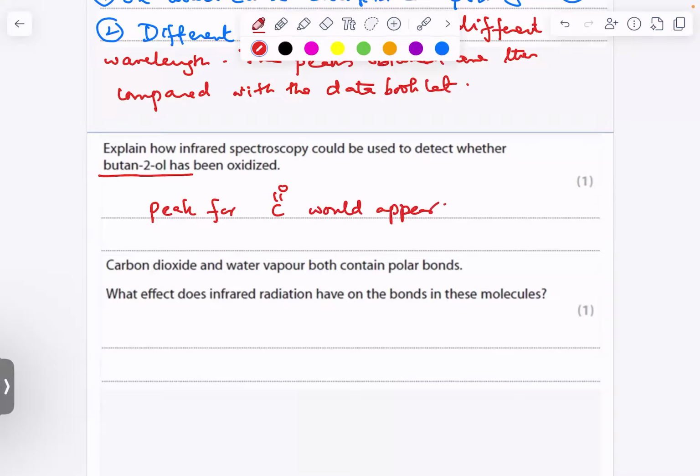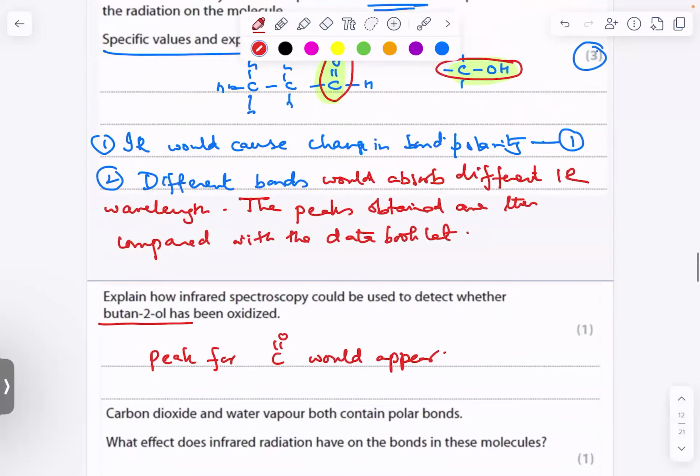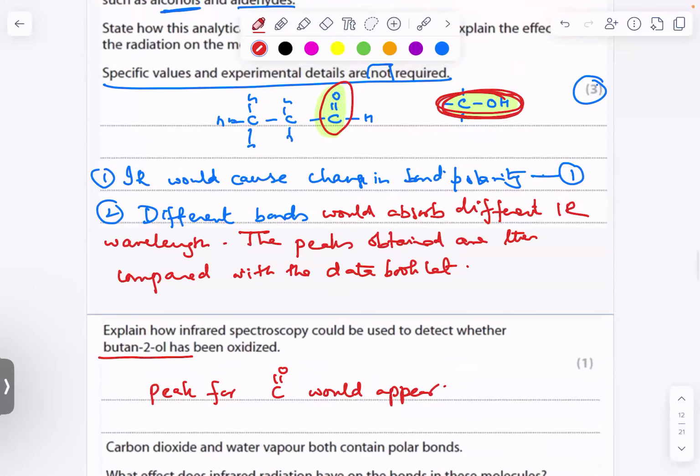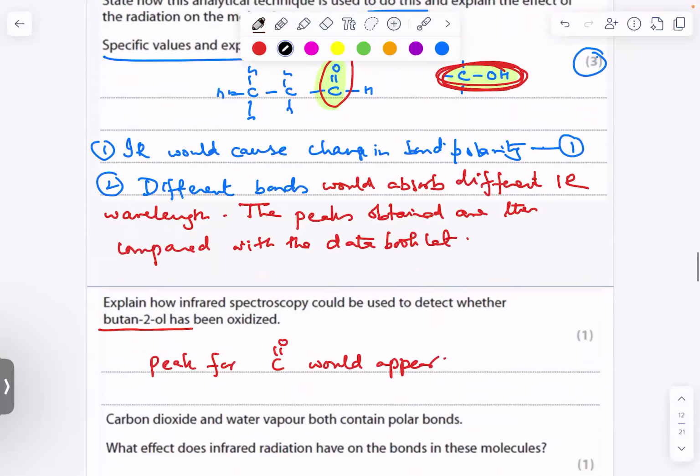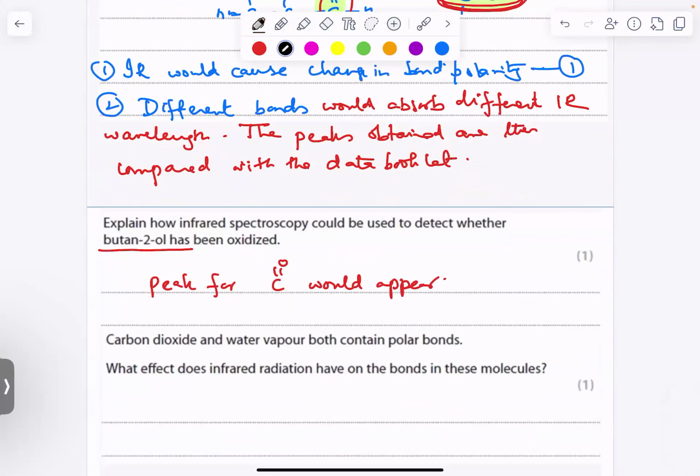And what about the OH peak? Would it appear or not, or would it disappear? No, it wouldn't appear. All right, so the peak for OH would disappear. Do you need to say that?